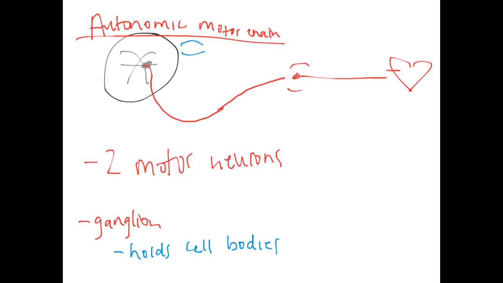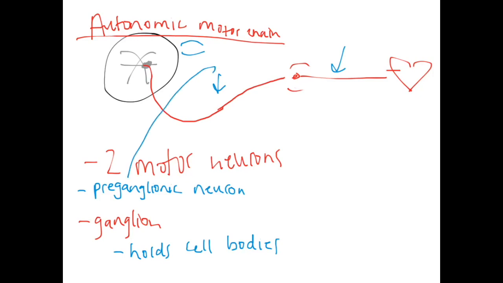So this ganglion is going to hold our cell bodies. And now that we have this ganglion, we can define this neuron and this neuron as 2 different things. We can call this a preganglionic neuron. That would be this one. And then we can have a postganglionic neuron.